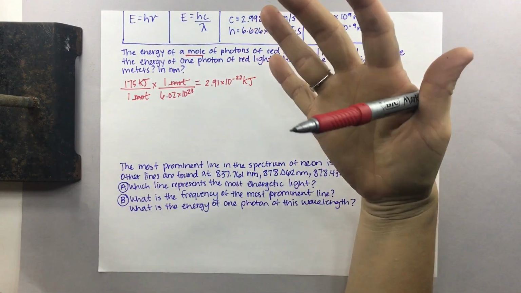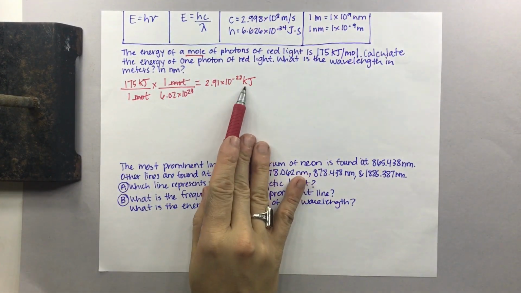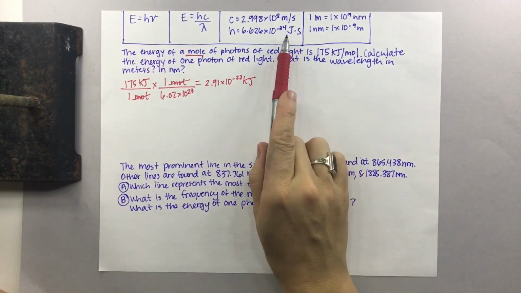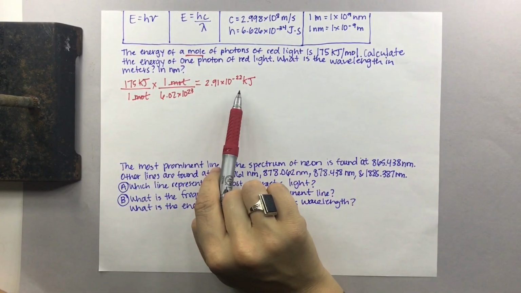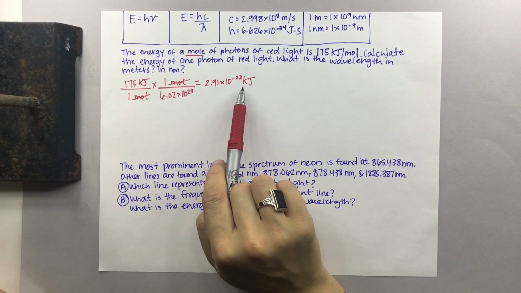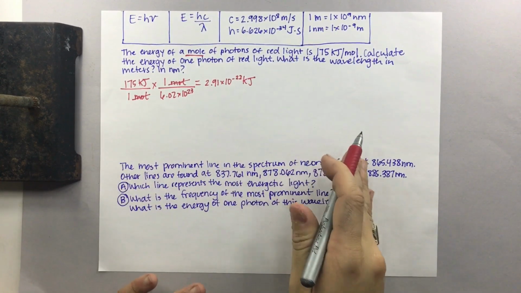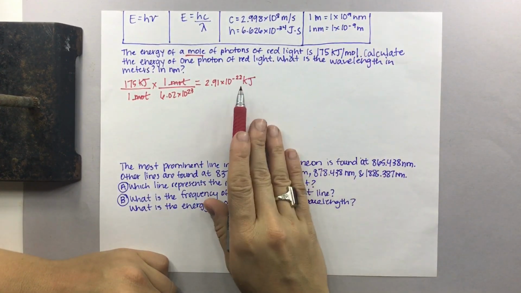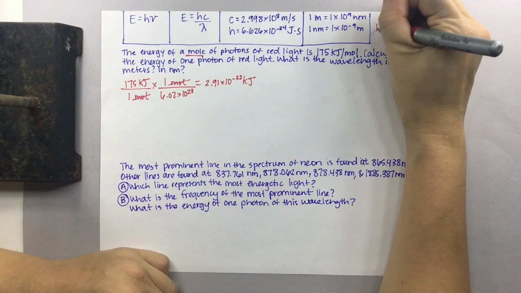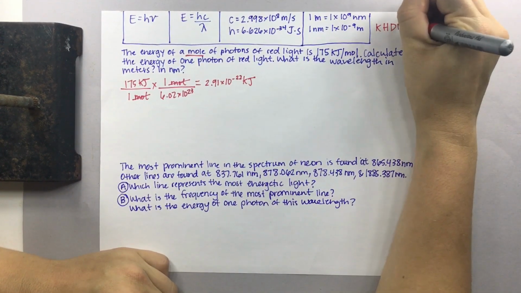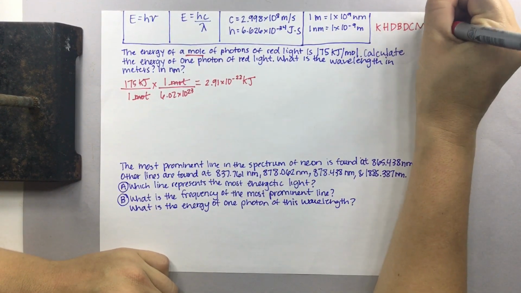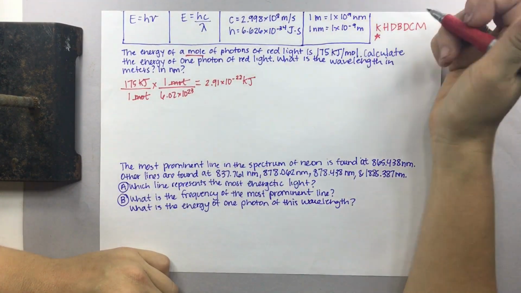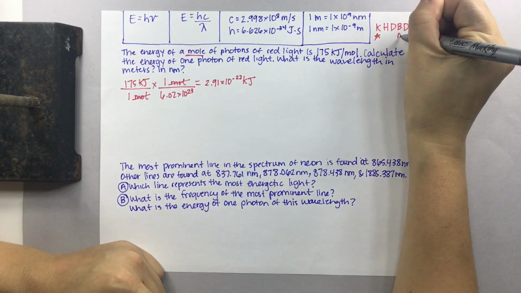Notice this is in kilojoules, and all the formulas we're going to be working with, for example Planck's constant, have joules. So I want to do a really quick conversion here. If this is in kilojoules and we want just joules so that our units match up nicely, think about King Henry died by drinking chocolate milk: we have kilojoules, and we want just joules. That has no prefix, so it's a base unit.